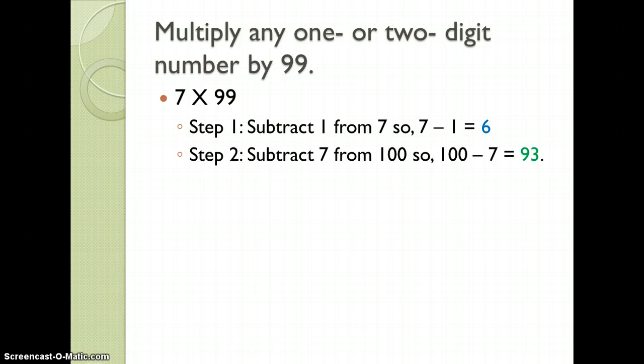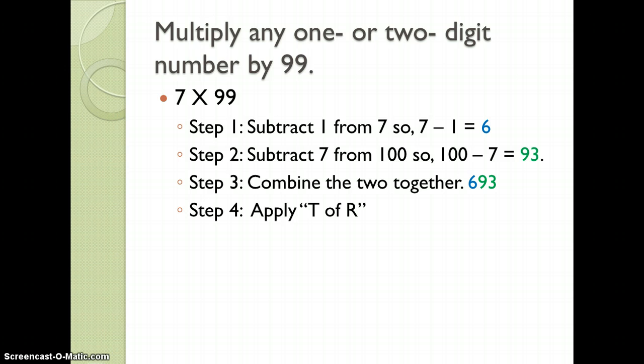Then we will subtract 7 from 100, so 100 minus 7 is 93. The third step is to combine the two together, so squish them together, so 693. Applying the test of reasonableness, let's round 99 to 100, and we know 100 times 7 is 700, so our answer of 693 is reasonable.